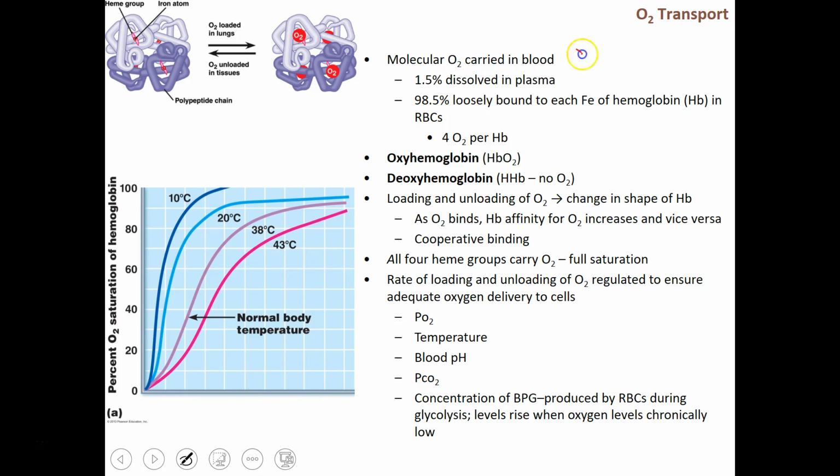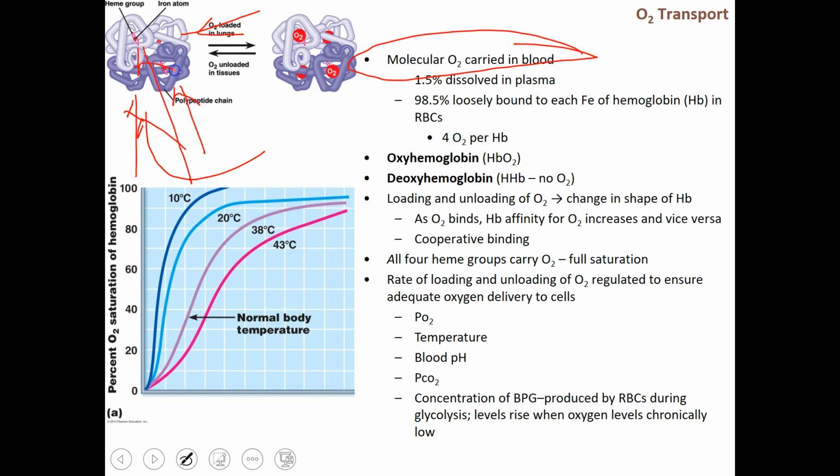Oxygen in the blood is carried mostly by hemoglobin. So as we discussed before, each molecule of hemoglobin consists of 4 subunits. Each subunit carries a molecule of heme, and each molecule of heme, with its iron in the center, can bind 1 molecule of oxygen.